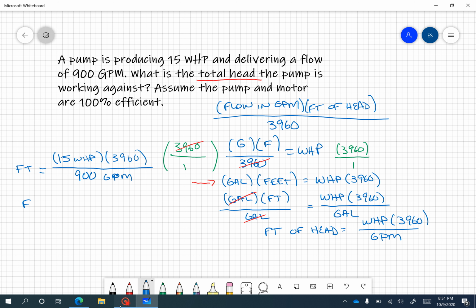So feet of head is going to equal 15 times 3960 is 59,400 divided by 900, and let's work that out.